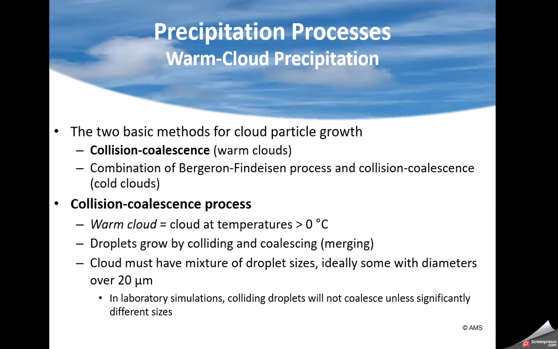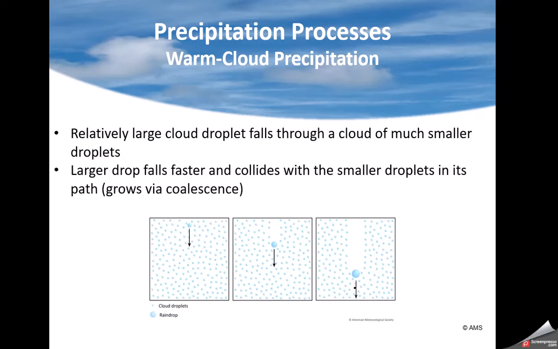So there are two basic ways that we wind up forming precipitation in clouds. If the clouds are warm, if most of the cloud temperature is greater than 0 degrees Celsius, we have a bunch of cloud droplets. And what happens is, you can see here, they start hitting each other. One keeps getting bigger and bigger and gradually hitting other ones and eventually becomes a raindrop and hits the ground.